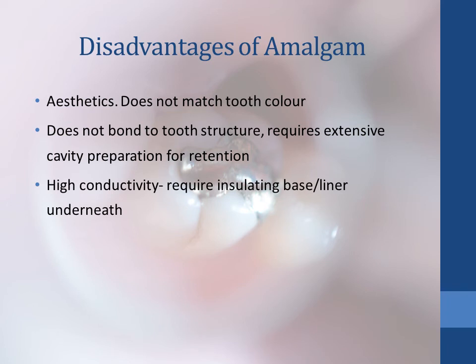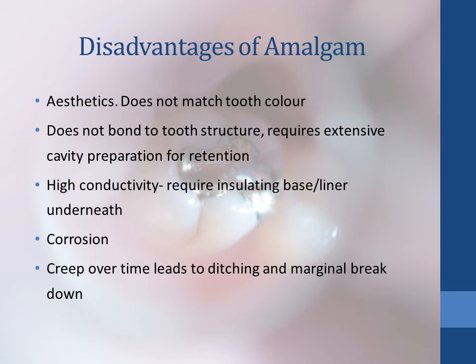High conductivity, because it's a metal, so we cannot give it just like that. We have to give an insulating base or liner underneath it. It undergoes corrosion, creep over time, leads to ditching and marginal breakdown. Mercury toxicity is a concern, and there is a lot of controversy regarding mercury toxicity, but however, it still is a hazard. And then the other disadvantages like galvanism and tarnish and creep, already mentioned over there.